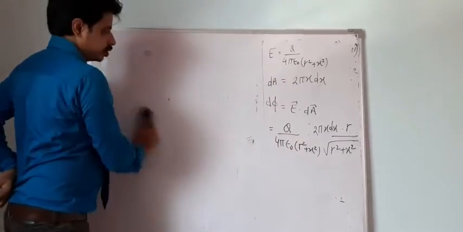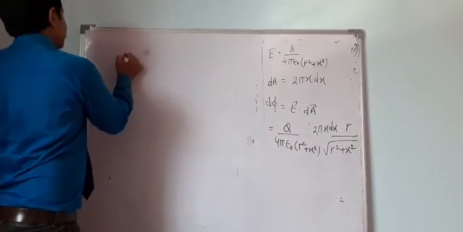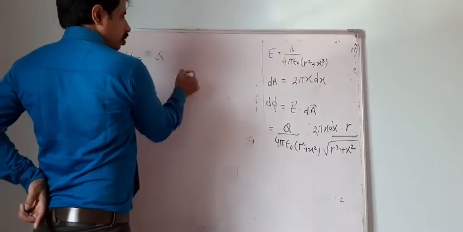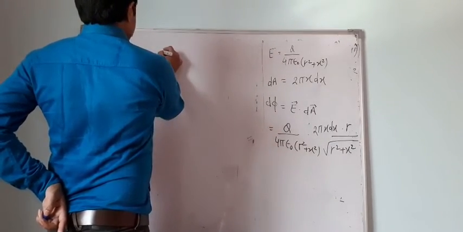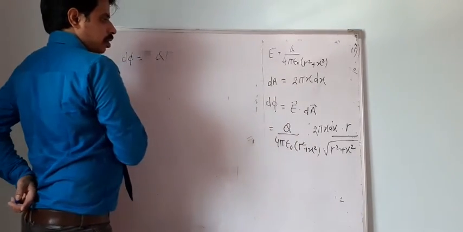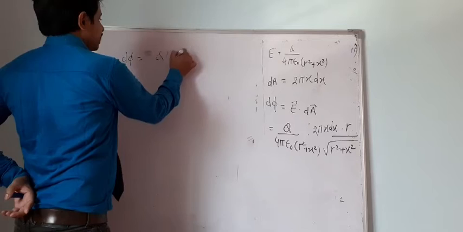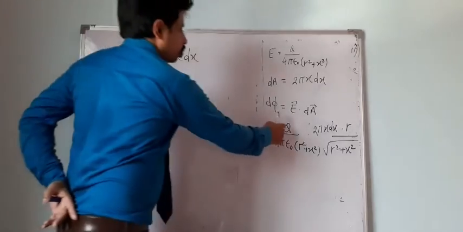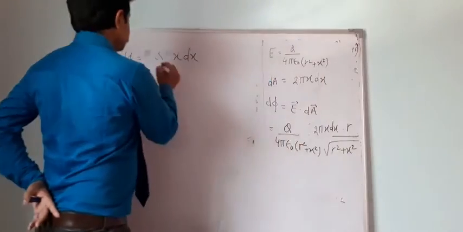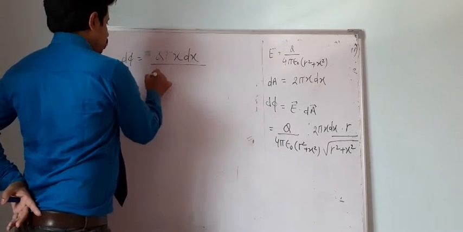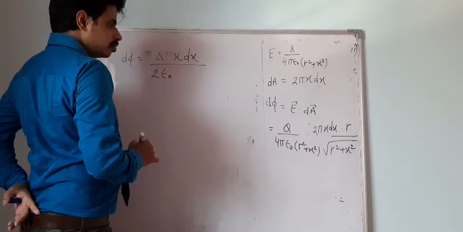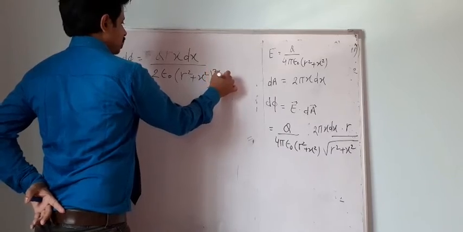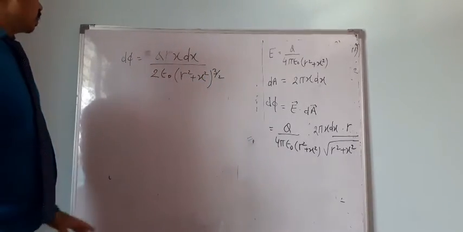So let's do it. d phi, again writing d phi, is Q into r into x dx divided by 2 epsilon naught (r square plus x square) to the power 3 by 2. So this is the final d phi.